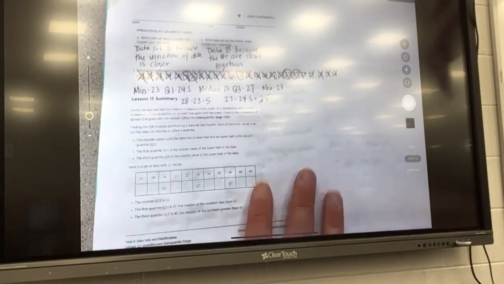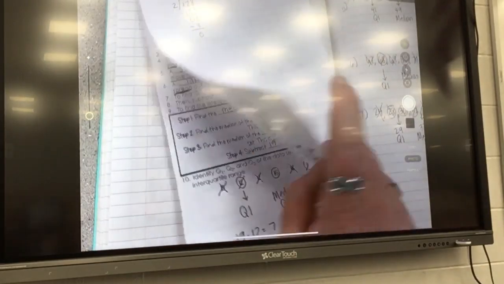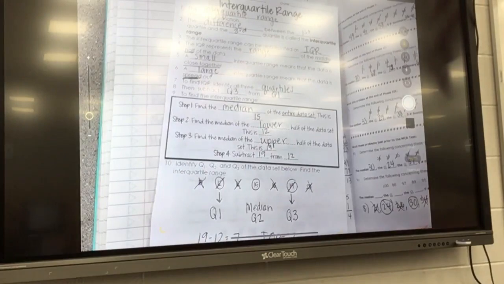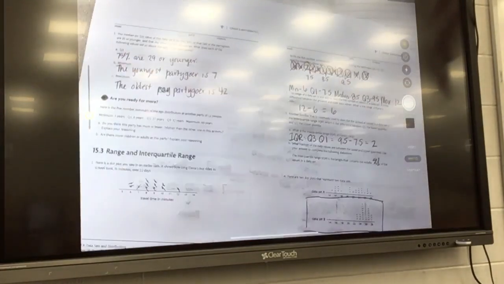You have this sheet that you can use today, as well as the notes from yesterday to help you with this. If you're a little confused, raise your hand. We will help to the best of our ability without giving you the answer, but I also want you to use your notes first. Make sure you answer these questions fully and completely.